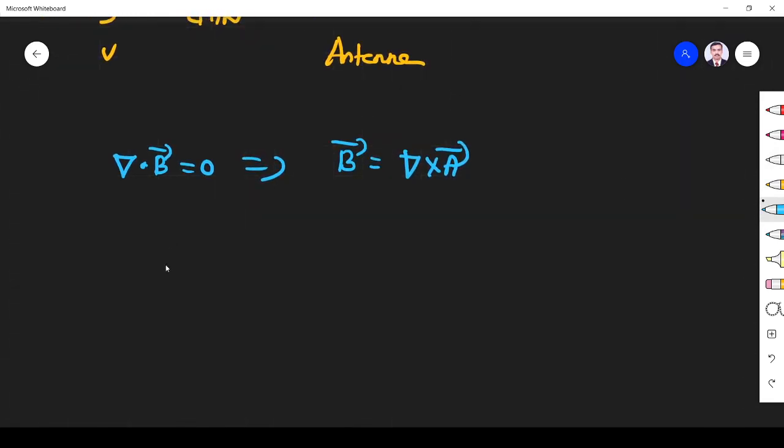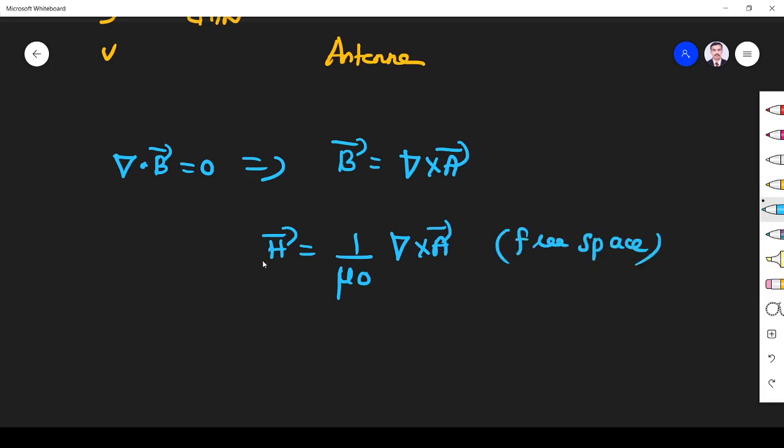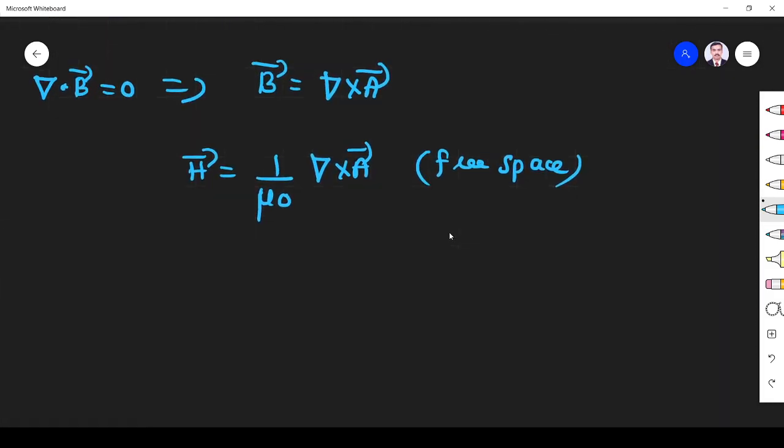So B is equal to del cross A. Now I substitute B is equal to mu H. So H, mu I bring to that side. In free space it is mu naught del cross A. In free space only I am going to find the magnetic field in the antenna application. So H is equal to 1 by mu naught del cross A.